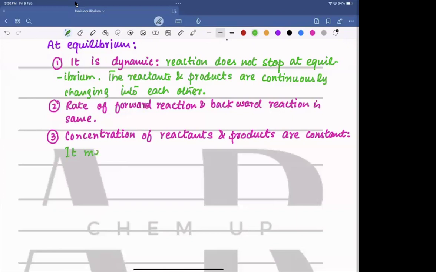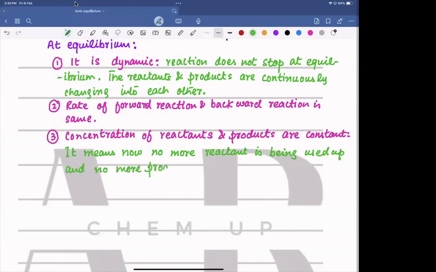It means now no more reactant is being used up and no more product is being formed.